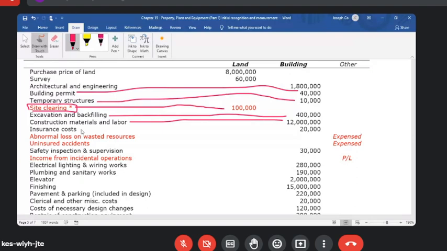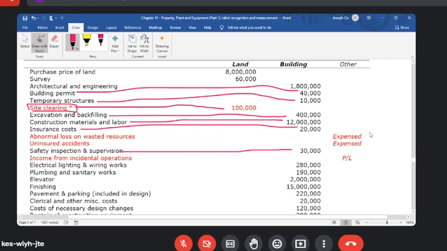Insurance cost, building. Abnormal loss on wasted resources, and then uninsured accident, expense. Safety inspection and supervision, building. Income from incidental operation, capital loss.